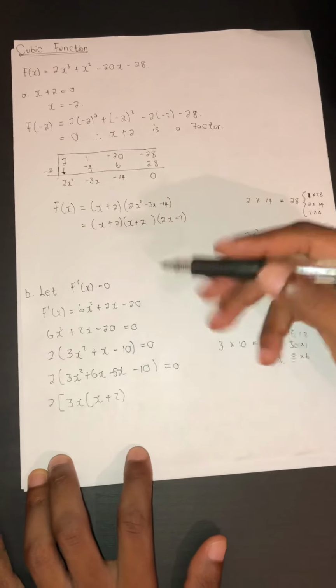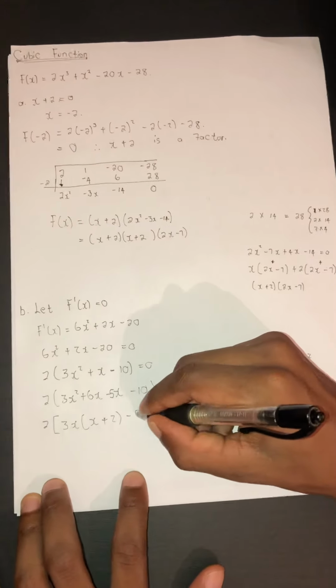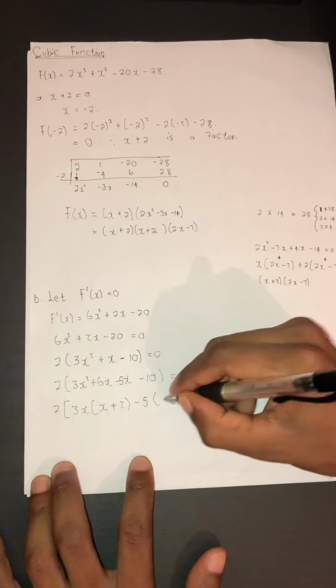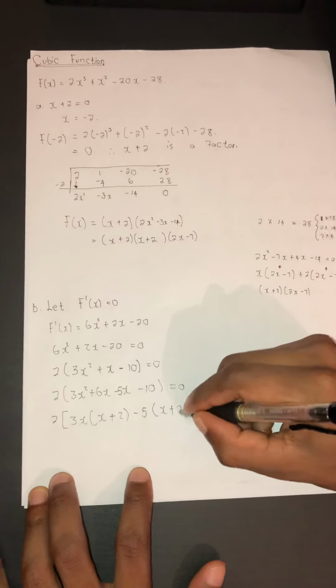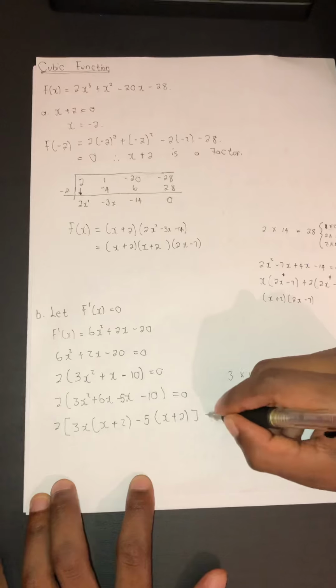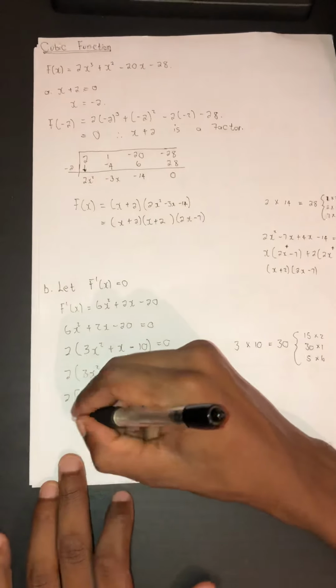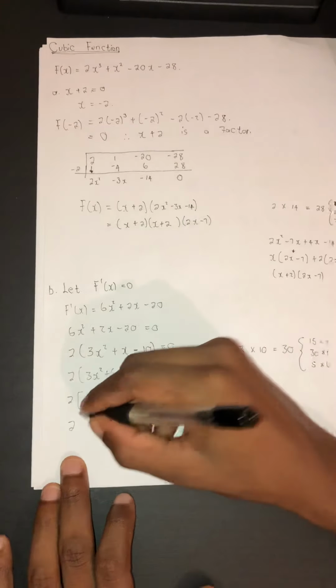And then here, if I take the negative 5 as a common factor, I'll be left with x plus 2 is equal to 0.